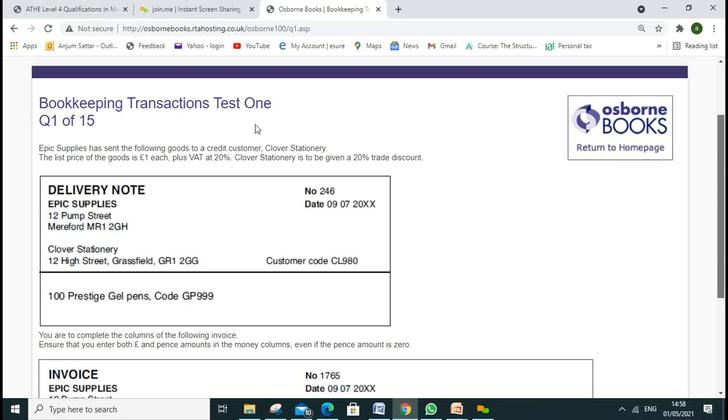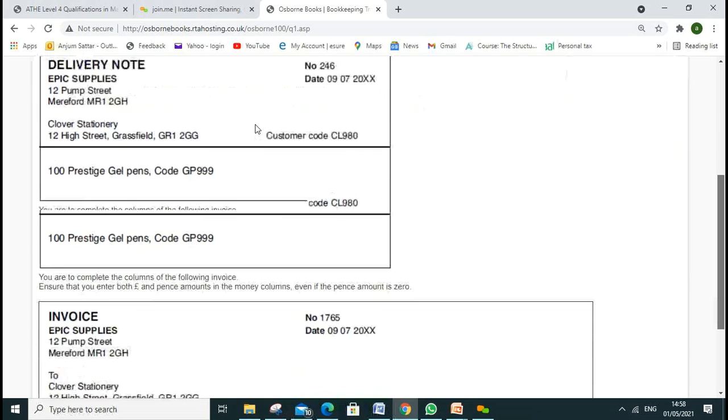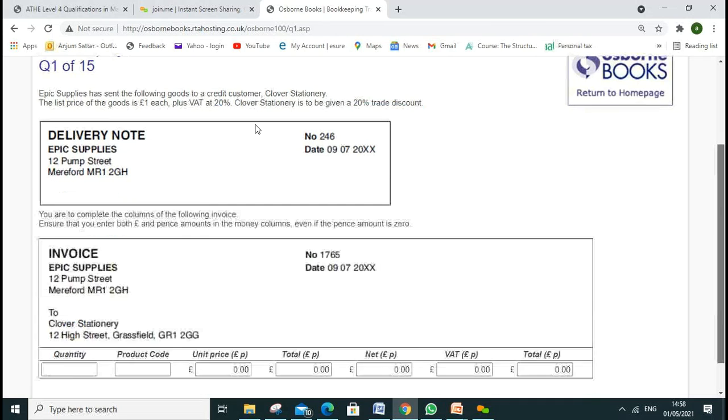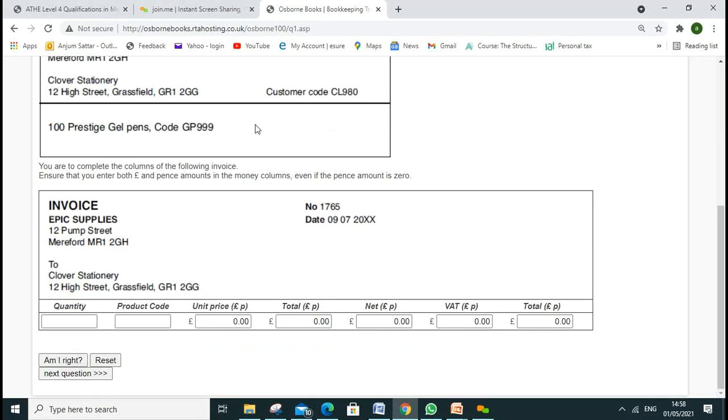Or when we do the VAT return, it's the standard rate of 20%. We need to look at the category of the goods, which category it falls in. Here it is given as standard VAT 20%. The trade discount is 20% off the listed price, so we reduce it accordingly, and then you can put it in.